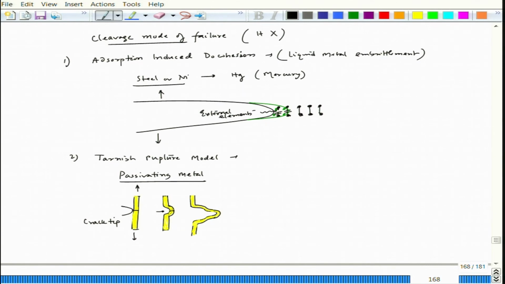In that way the crack grows into the material. So, this is the Tarnish rupture model, which can effectively analyze the fracture that happens in the copper zinc system, or let us say brass in ammoniacal solution.